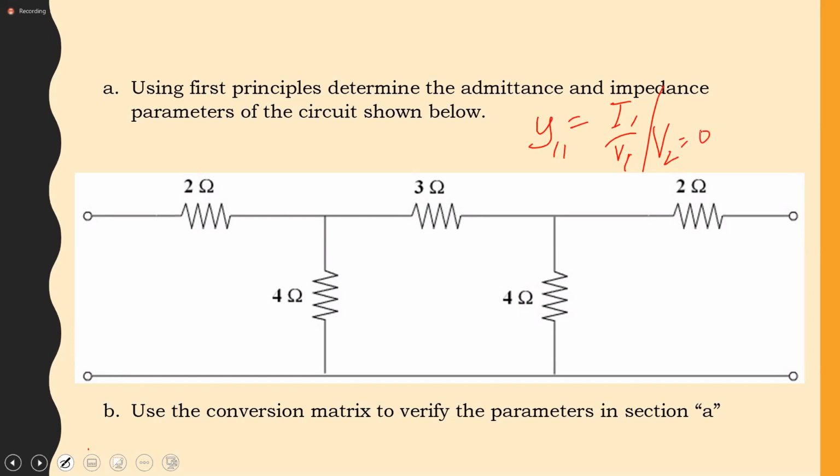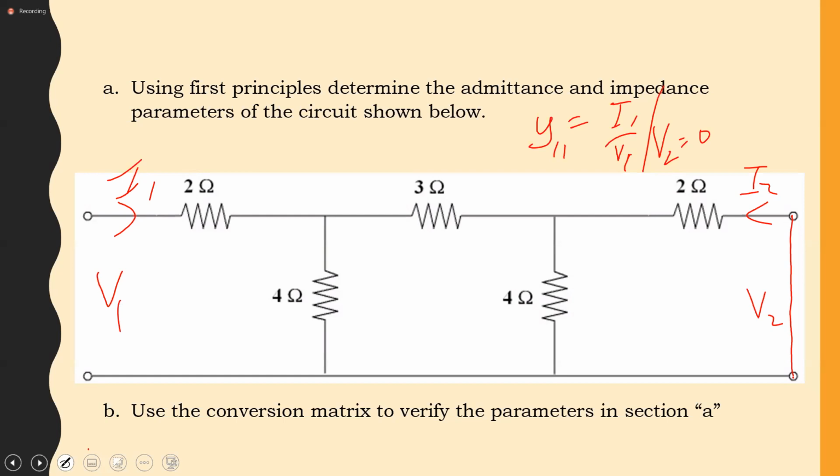So you're going to start with the definition. Of course, this is I1, that's V1, this is V2, that's I2. So what are we doing to port 2? Short circuit in port 2. All right, so we are closing that.